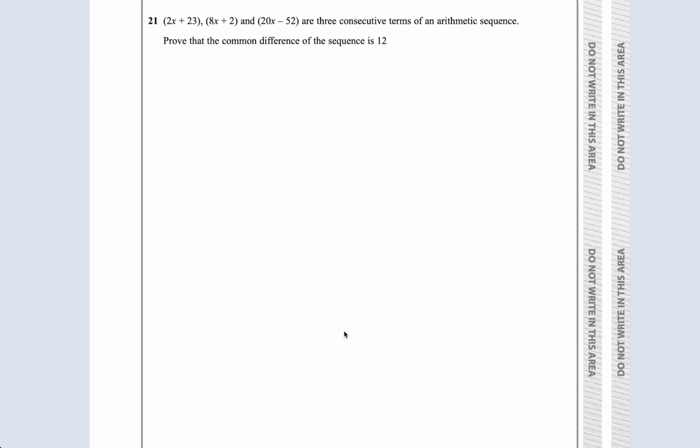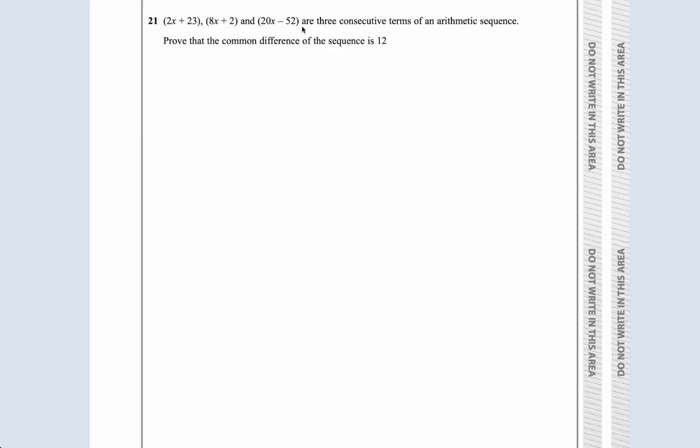21. And this question, I think, if my memory serves me right, is an example of the very last question not actually being that bad. So often students get to the last question and think, well, I can't do this. This is too hard. But I'm going to show you that this one actually isn't too bad.